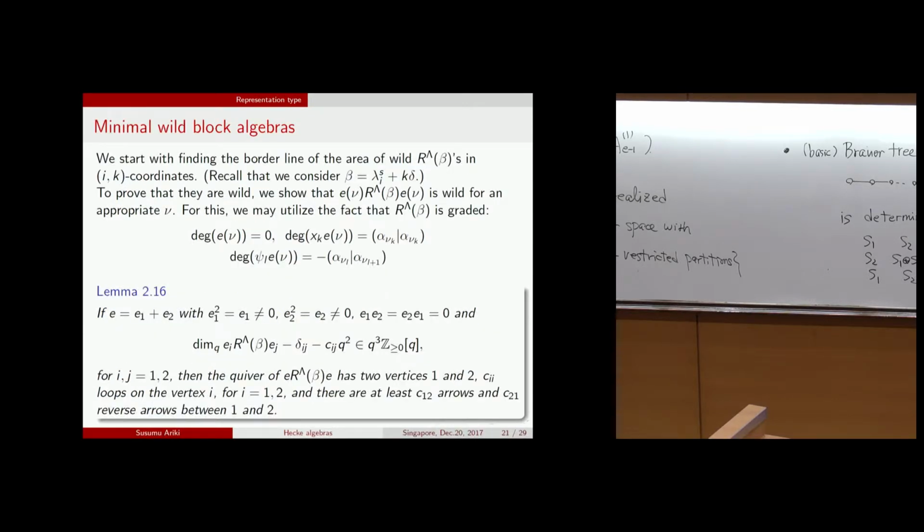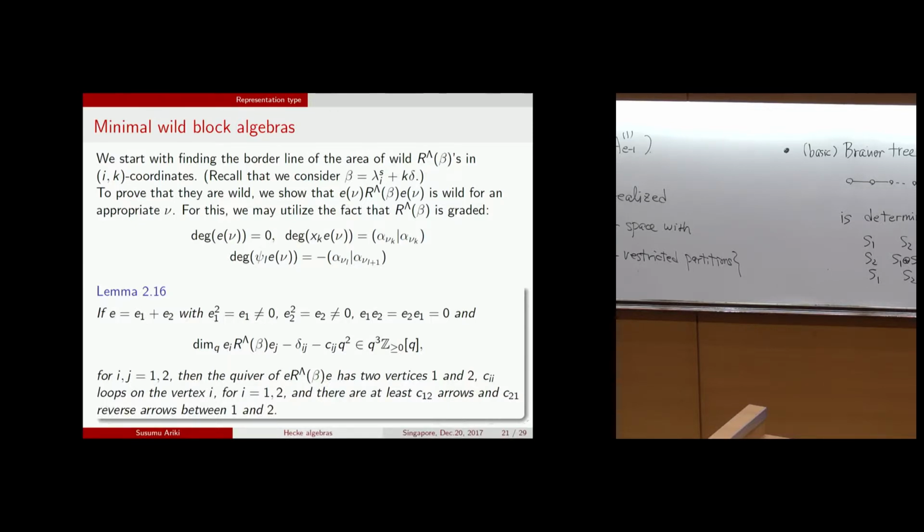And so we start with finding the borderline of the area where R lambda beta is wild, in ik coordinates. So we don't consider general beta here, but only beta of this form. There are two variables, i and k. So we write a plane and then consider which area corresponds to wild blocks.